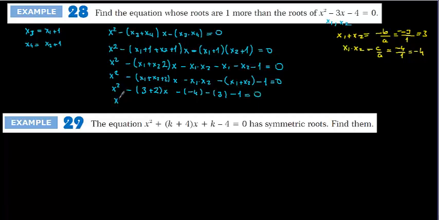So this is going to be x squared minus 5x minus 4 plus 3 plus 1 is equal to 0.